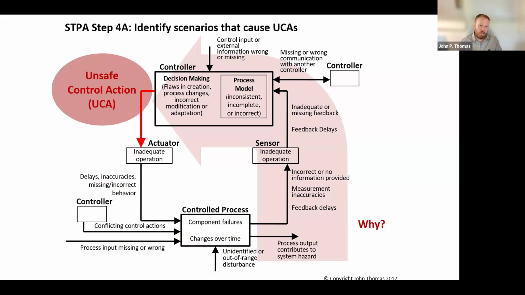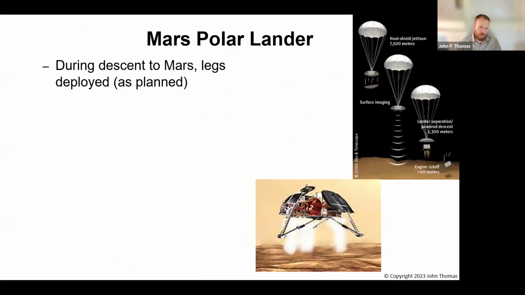And there isn't really a shortcut to going step by step: decision making, external control inputs, process model, feedback, sensors, going step by step like that. There isn't a really strong shortcut when you're just going one step at a time backwards. Anyway, so there are advantages and disadvantages to this approach.